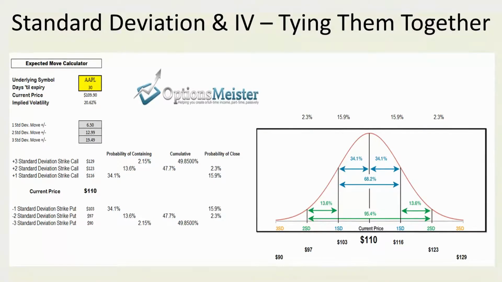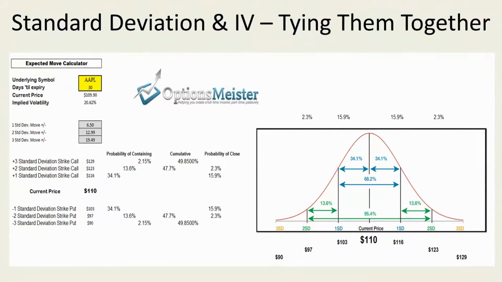I pick up the current price at $110, and I show you at the top what 1 standard deviation, 2 standard deviations, and 3 is, and then on the bottom, -1, -2, and -3. And then to the right of that, just like we saw on the chart, for the $116 or the $103, there's a 34.1% chance that it's going to stay within that.